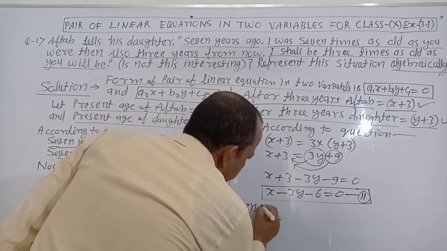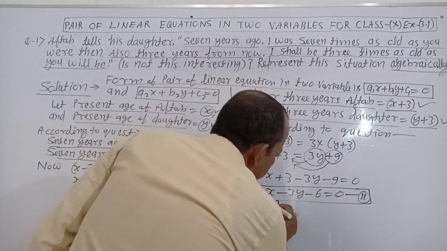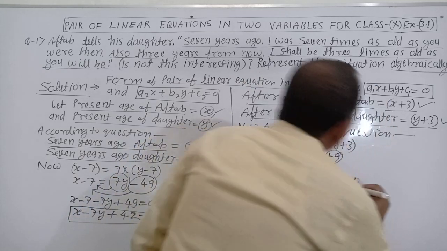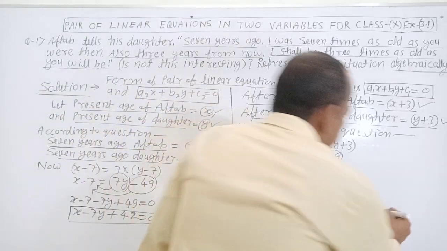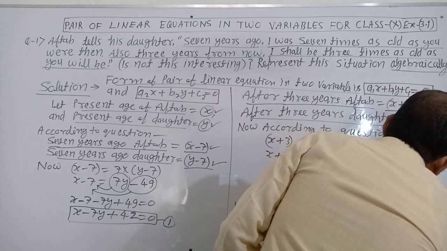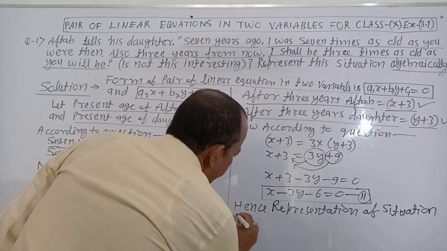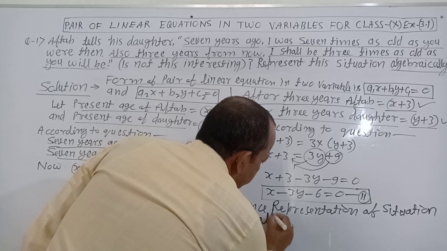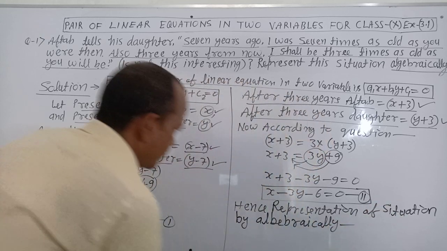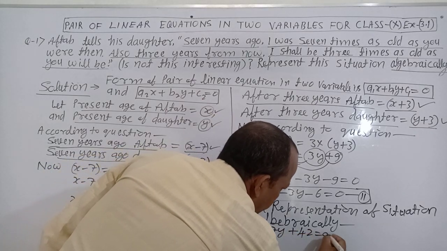Hence, the representation of the situation algebraically: first, x minus 7y plus 42 equal to 0.